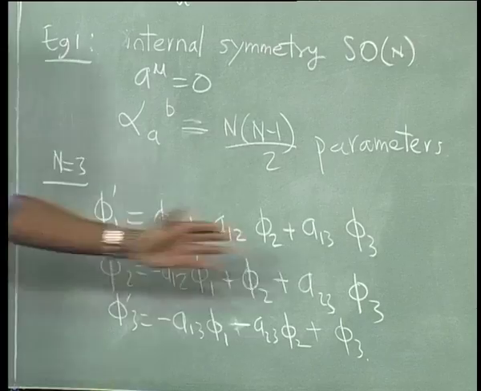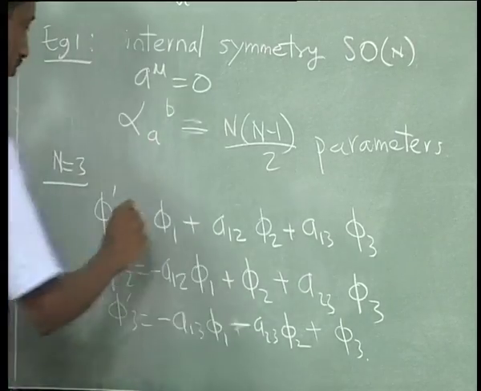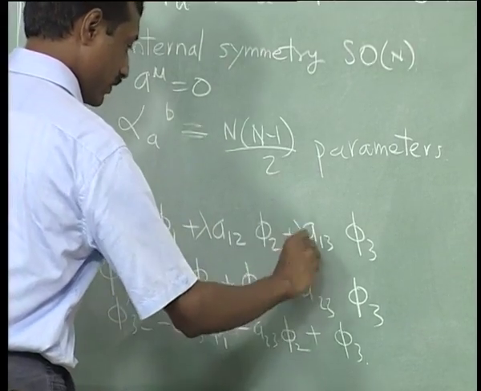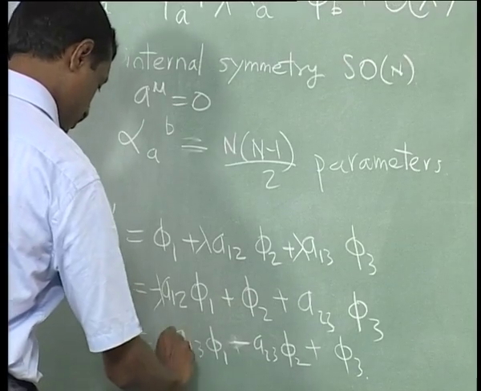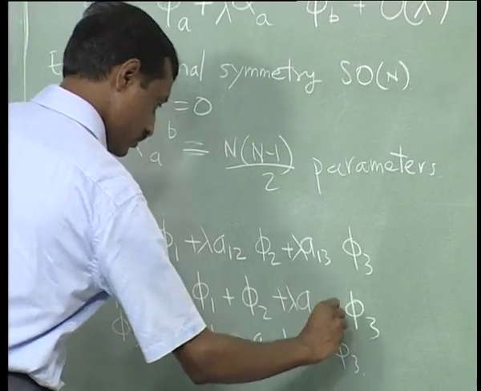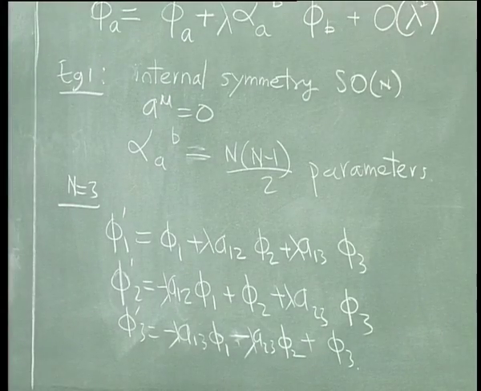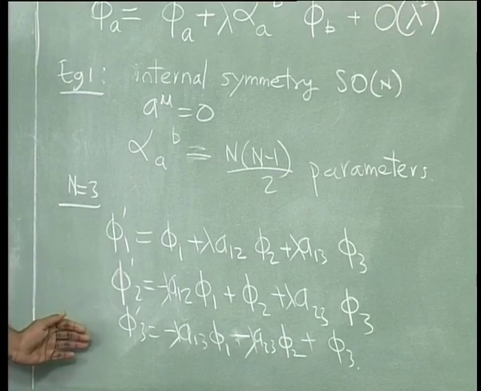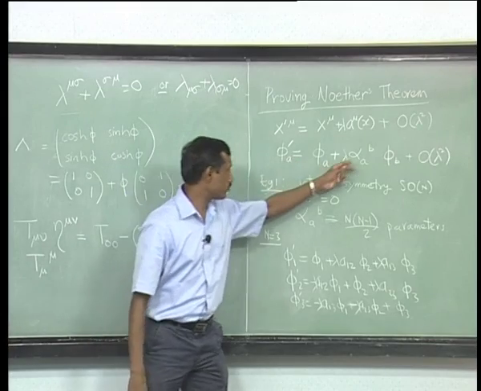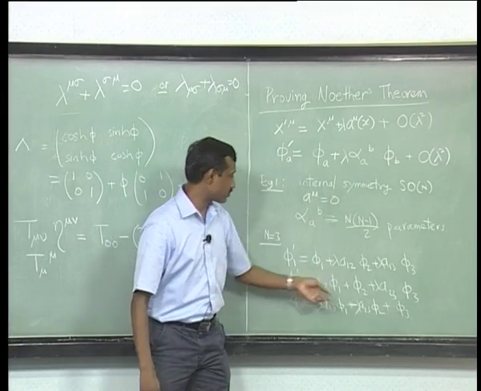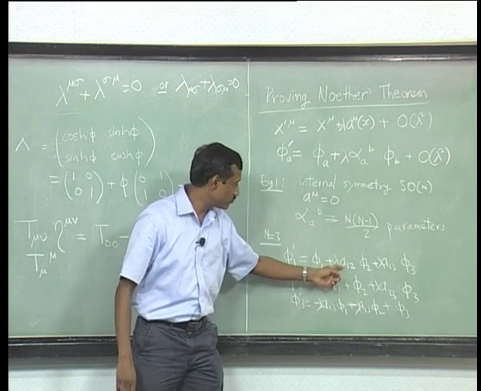Of course, this should all have a lambda going with it. So, that is a bookkeeping device. Any more lambdas? Okay. So, is this clear? So, this alpha a b will track all these.